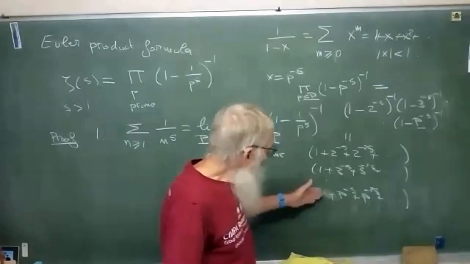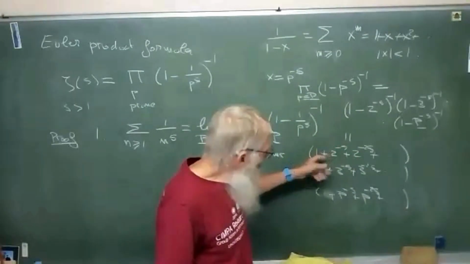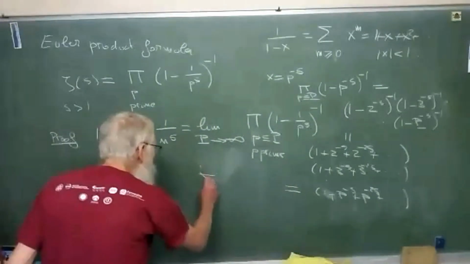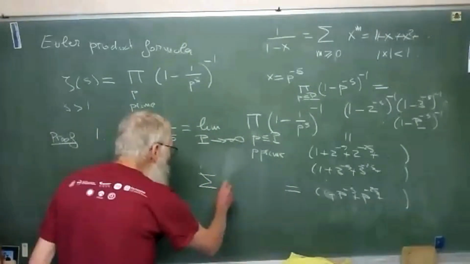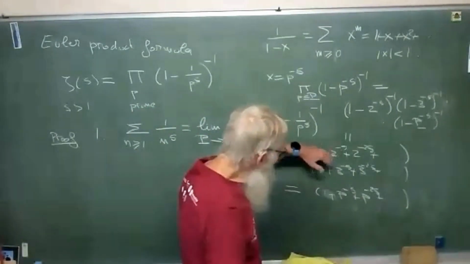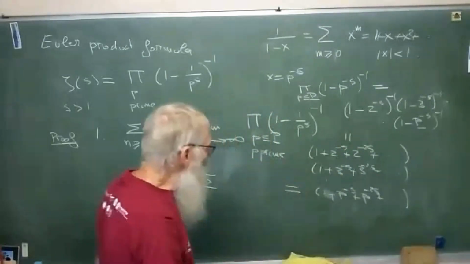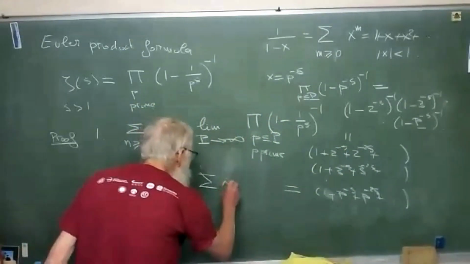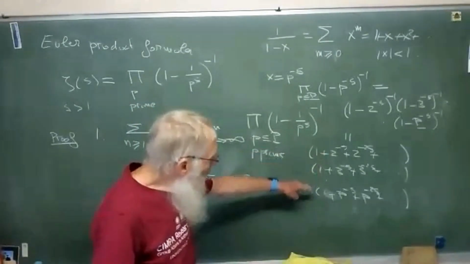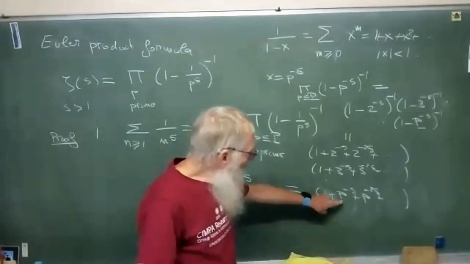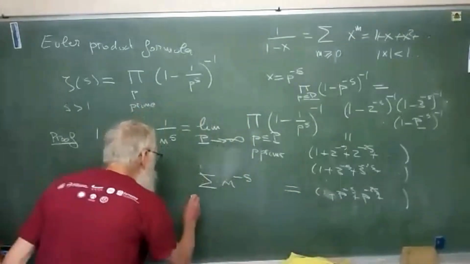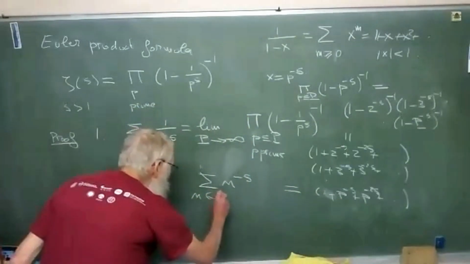We will have 1, and then we will have a sum. So this will be equal to the sum of, we develop by just taking the multiplication, and we have n to the minus s. But what are the n that we have here? We have all the integers n which have all their prime factors less than or equal to capital P. So it's n belongs to a certain set E of P.